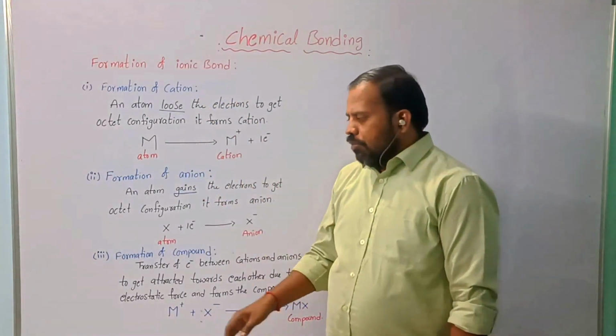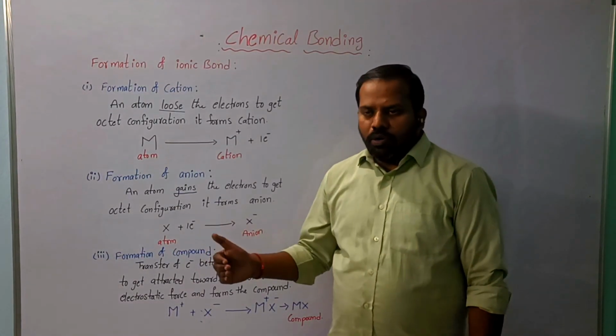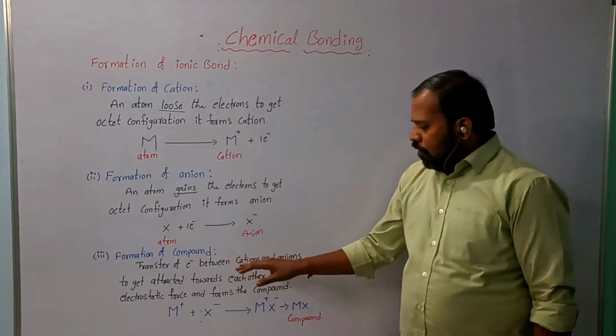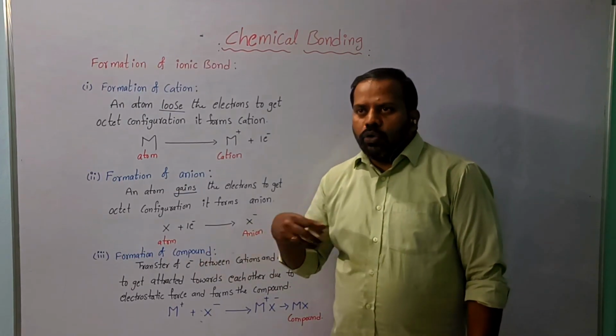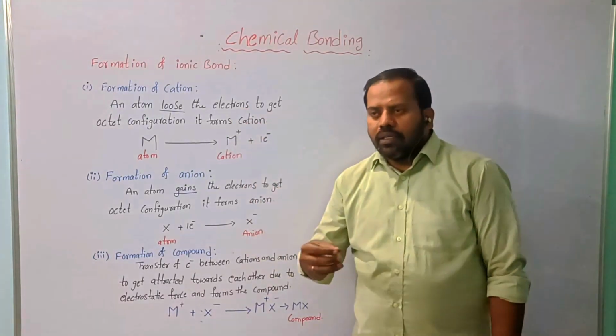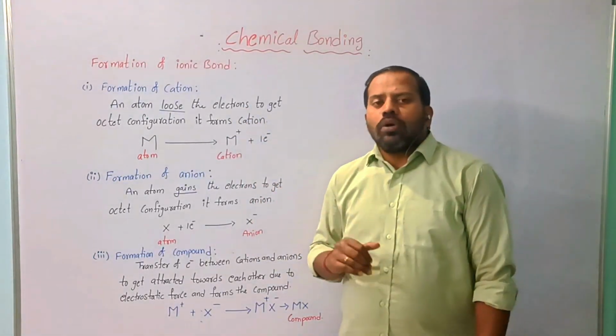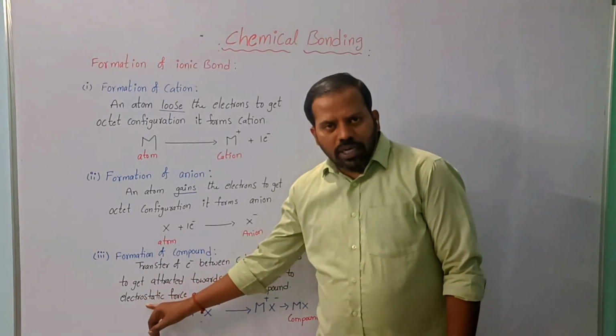So what is the final step here? Formation of the compound. How does the compound form? There is a transfer of electrons between the cations and anions. Due to that electron transfer, there is an attraction between the two atoms. That attraction we call the electrostatic force.